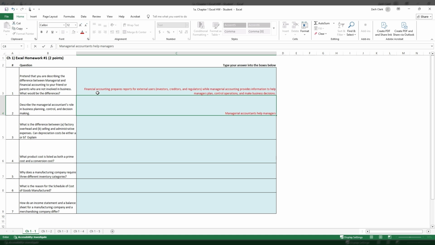And so we're going to help the other managers in our team, and we're going to prepare budgets, evaluate performance, analyze costs, and provide information that supports planning, controlling operations, and making informed business decisions.